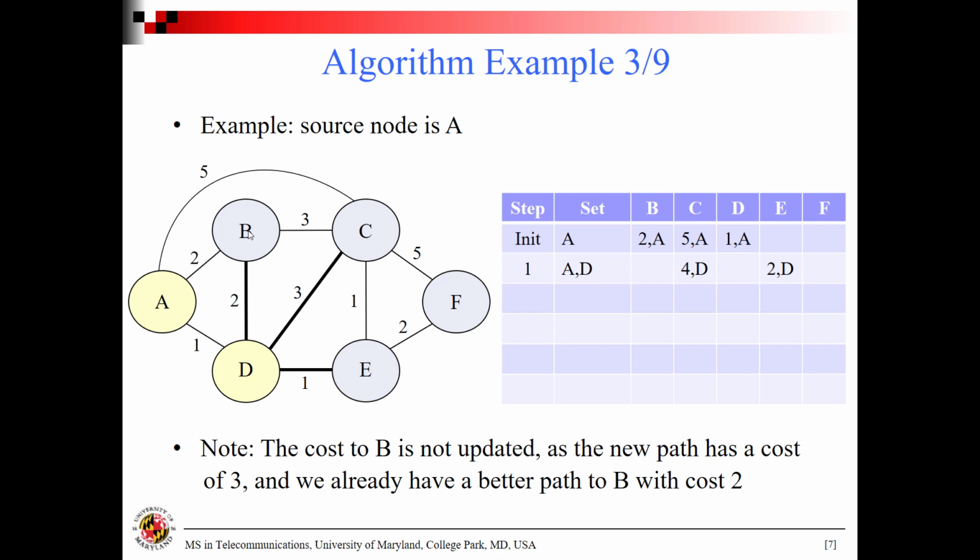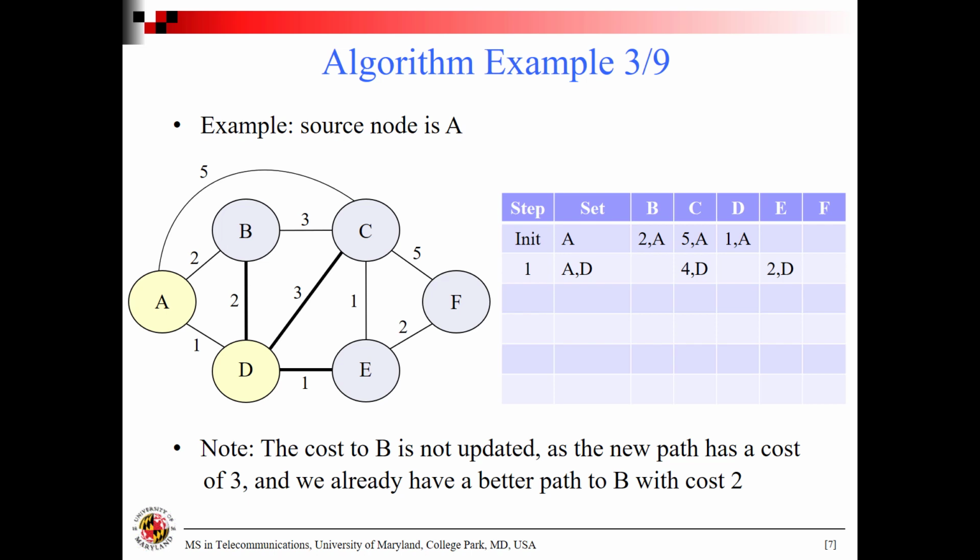However, we already have this direct path, already written here in the table, which has a cost of 2. And 2 is smaller than 3. So what we have discovered now is a path to B which is worse than the one we already have.